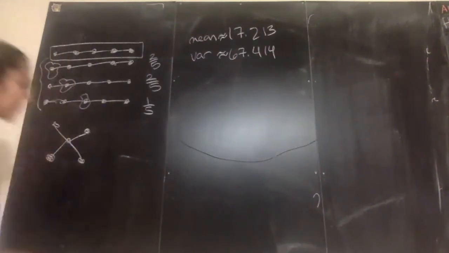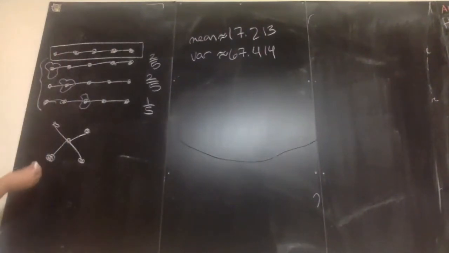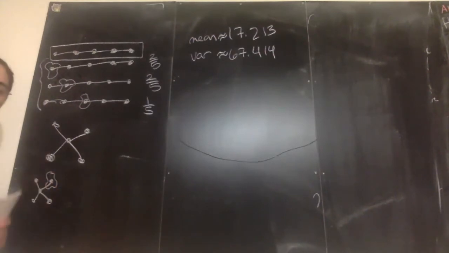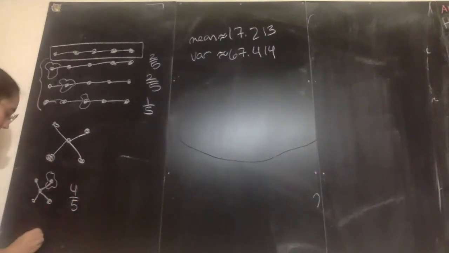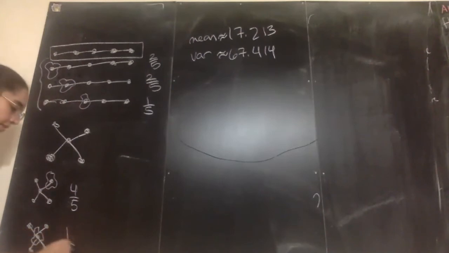For this star graph, there is a 4/5 chance that one of the ends is selected, and a 1/5 chance that the centermost node is the first infected.